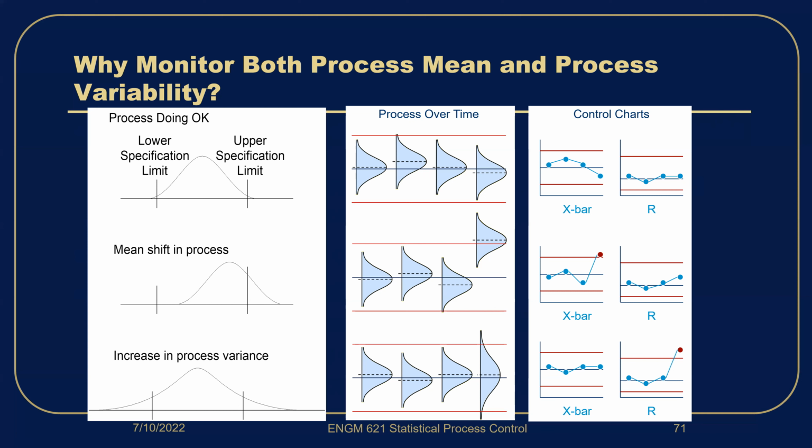These 2 situations both indicate some assignable causes in the process. Therefore, we use both the X-bar chart and R chart to monitor both the mean and variability of the process. X-bar charts show us if the mean shifts, and R charts show us if the variability is okay.